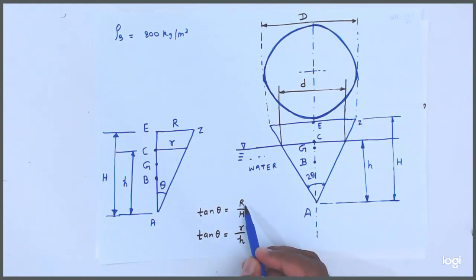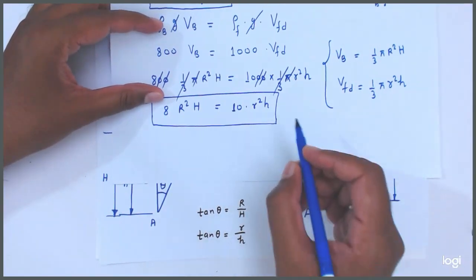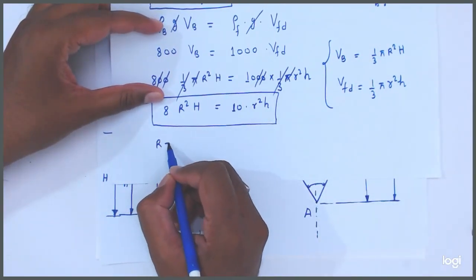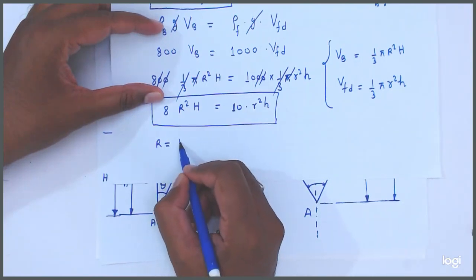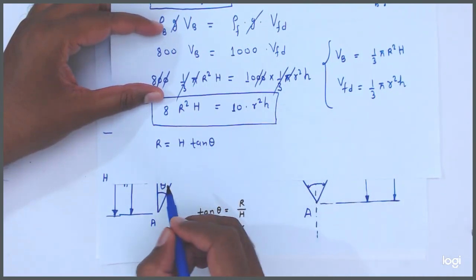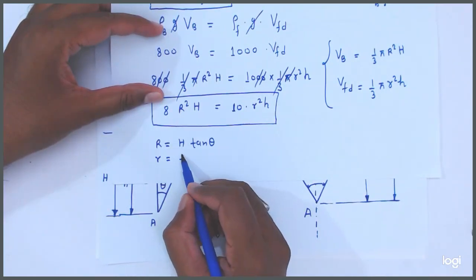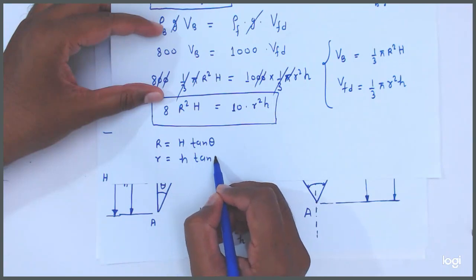So from here we will put the value of R in terms of H. So what will happen here, friends? Capital R equal to H tan theta, and small r equal to small h tan theta.